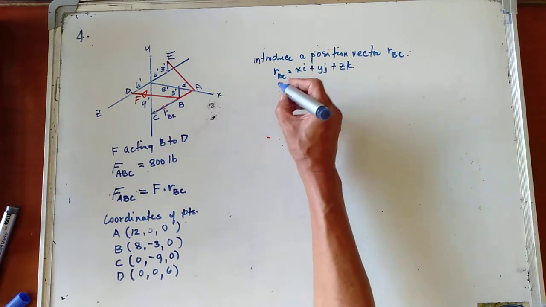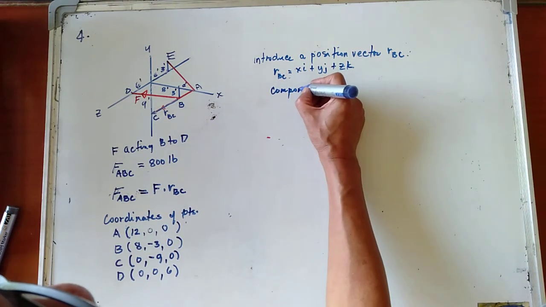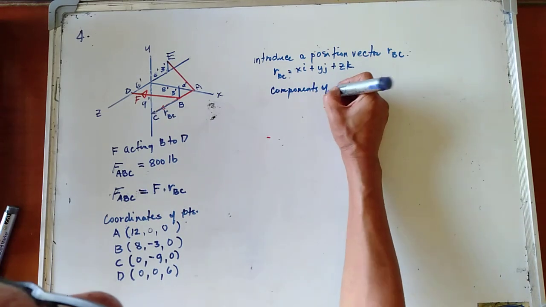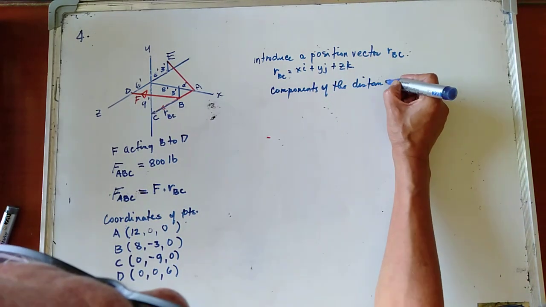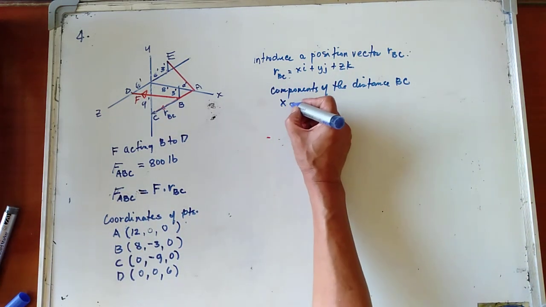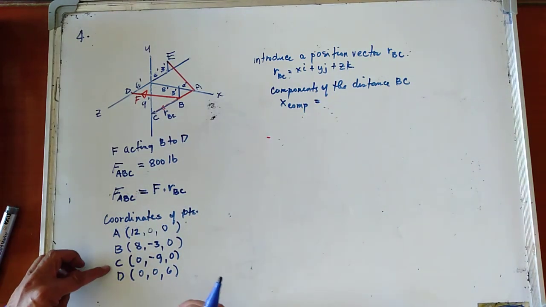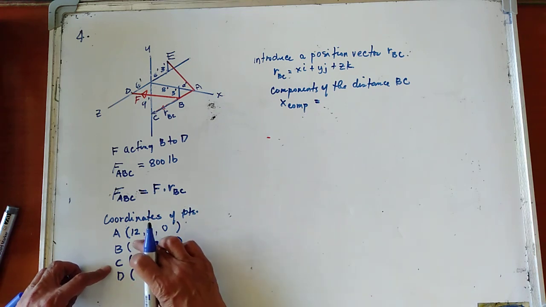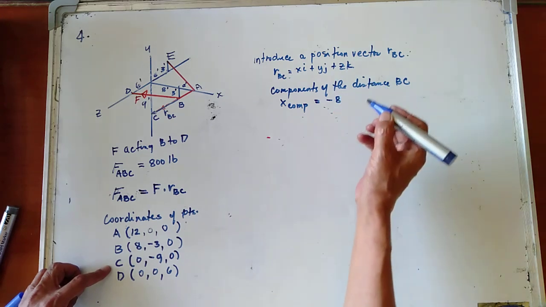First, let's get the components of the distance BC. The x component of the distance BC, going from B to C, is 0 minus 8, which is negative 8.